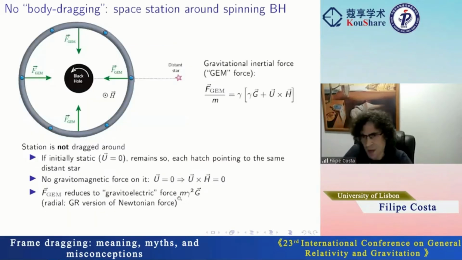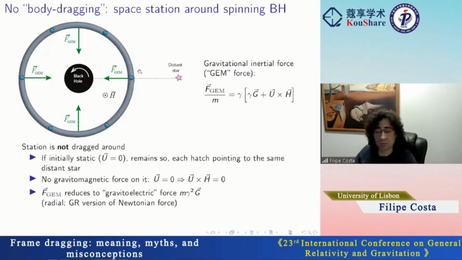So in order to see this, imagine that some advanced civilization builds a space station around a spinning black hole, okay? And that the station is initially fixed with respect to the distant stars. Then it will simply remain so, with each edge pointing to the same fixed star, because no gravitomagnetic force acts on it. Gravitomagnetic forces only act on moving bodies, okay?